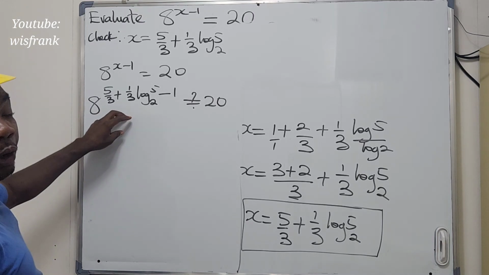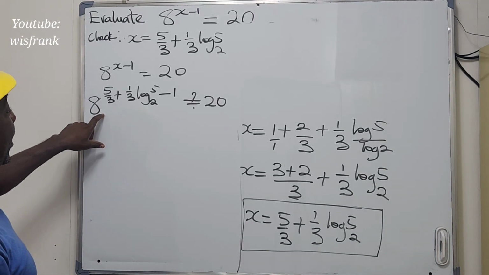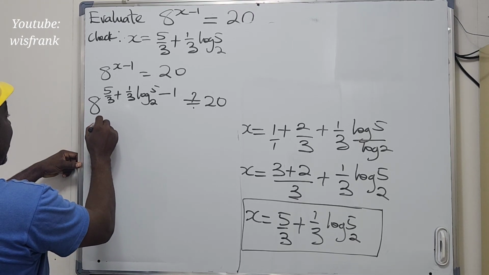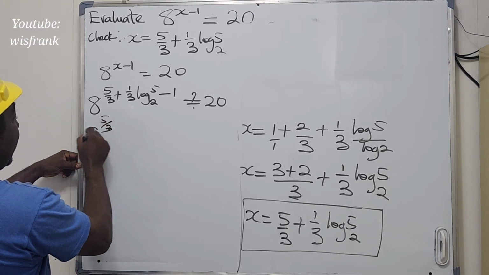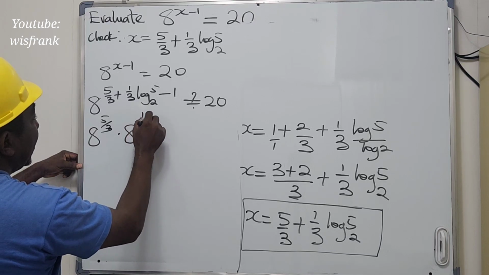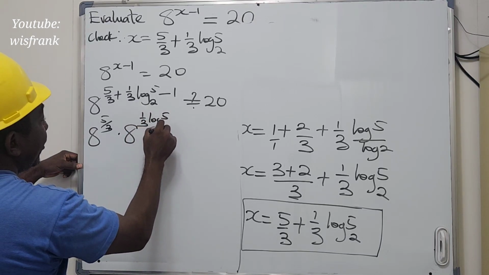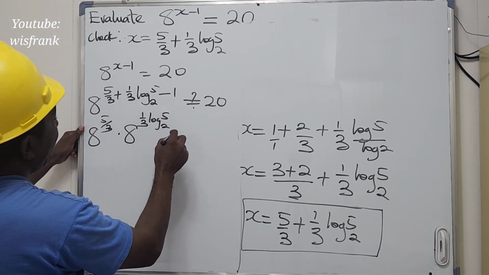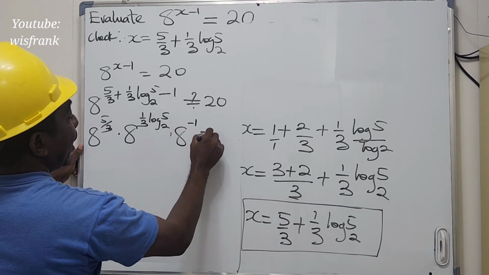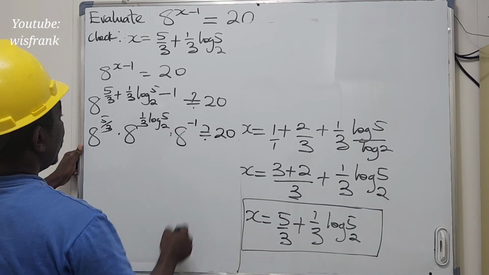The law of indices says that we can separate this. So this can become 8 to the power of 5 over 3 times 8 to the power of 1 over 3 log 5 base 2, times 8 to the power of minus 1. Will this equal 20?